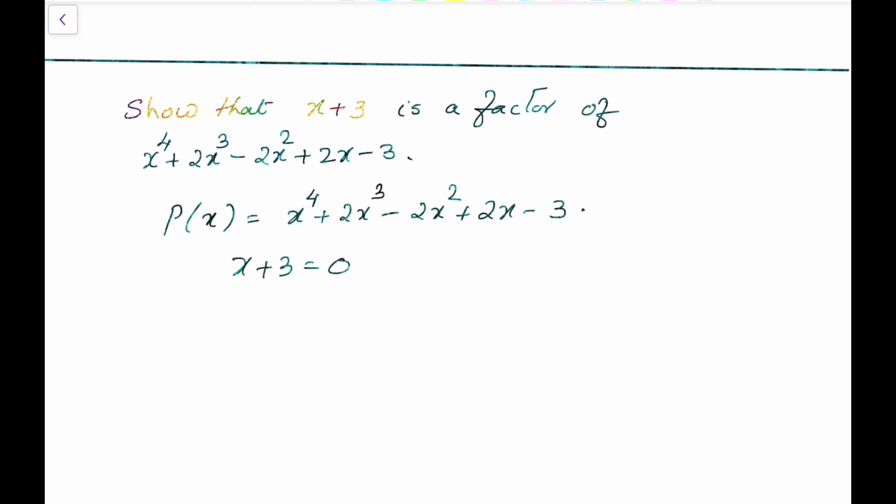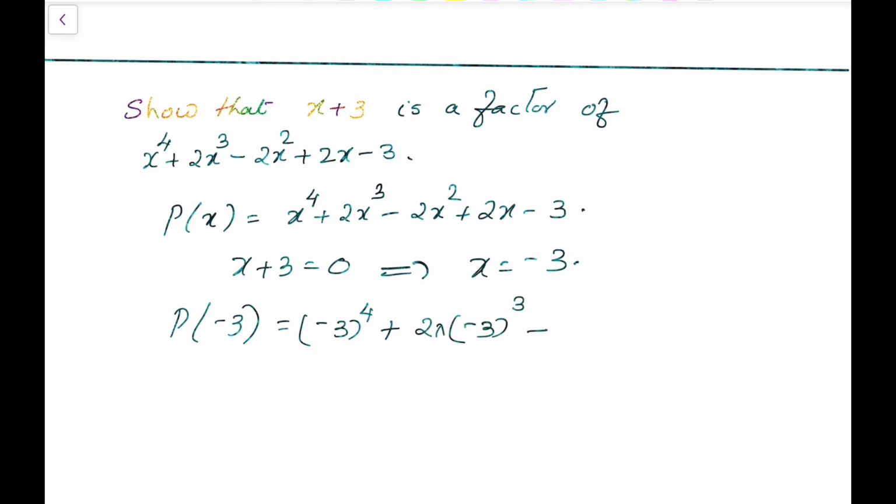To show it is a factor, x is equal to minus 3. You have to find p of minus 3, the same remainder you have to find. So we will put it here: (minus 3) to the power of 4 plus 2 into (minus 3) the whole cube minus 2 into (minus 3) the whole squared plus 2 into minus 3 minus 3.